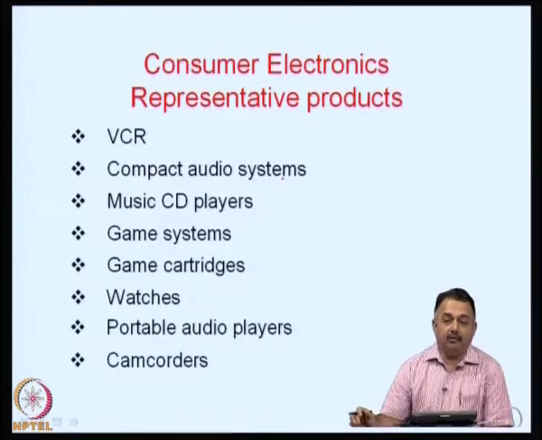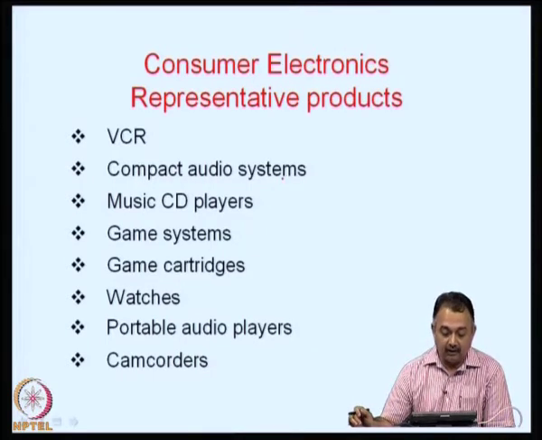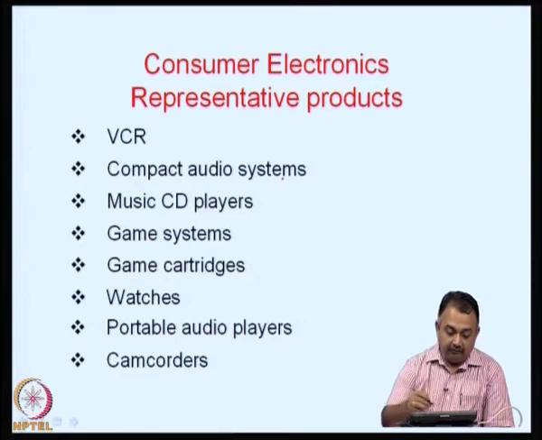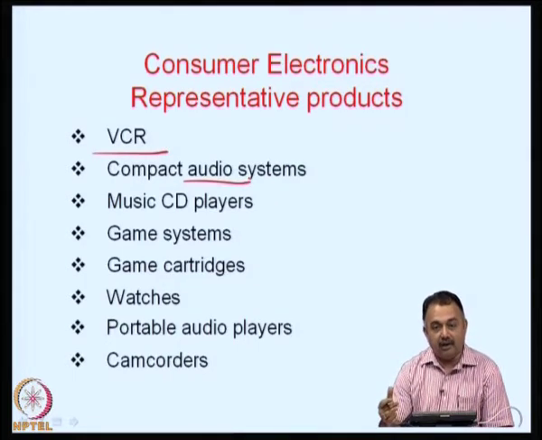So, we have now seen automotive electronics. Now, we are going to look at consumer electronics and some of the representative products. VCR, which is very outdated today, and audio systems are all shrinking today.